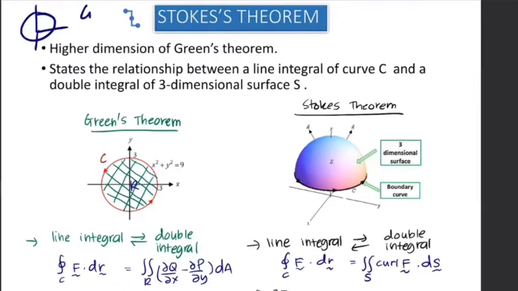This is Green's theorem. But for Stokes theorem, you consider the 3D, the three-dimensional surface. So we have an extra dimension here: X, Y, and also Z.